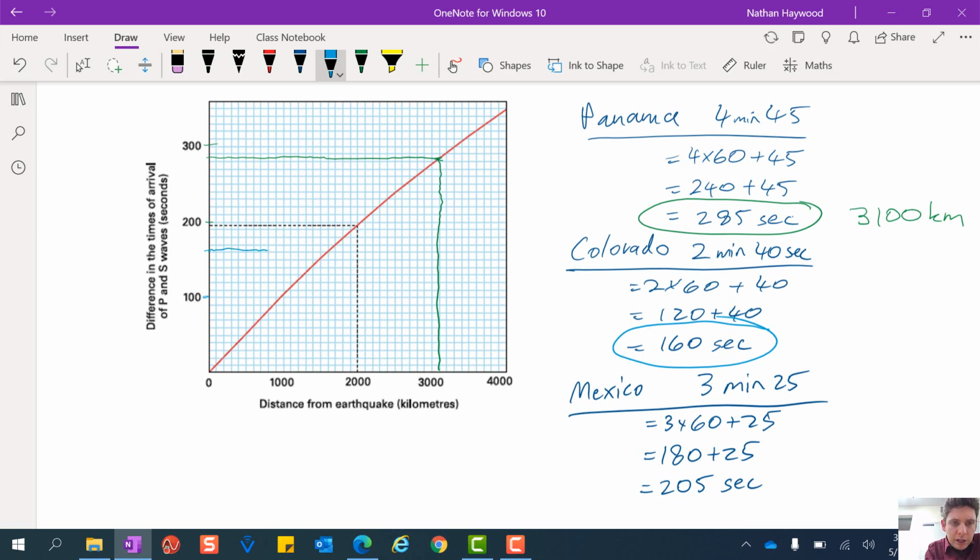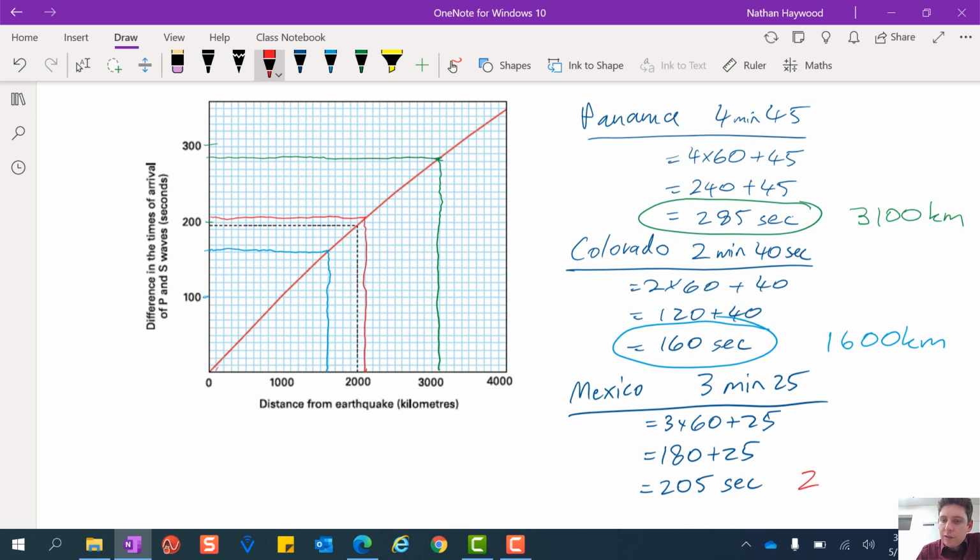So we're going along this line till we get to the red line, and then we go down. So that's 160 kilometers. All right, last one, 205.